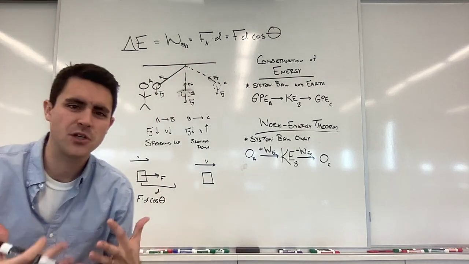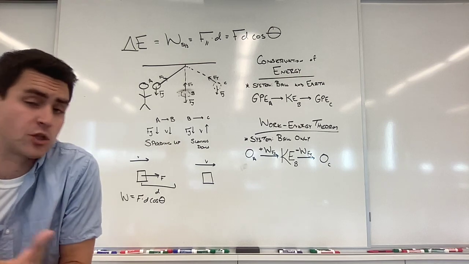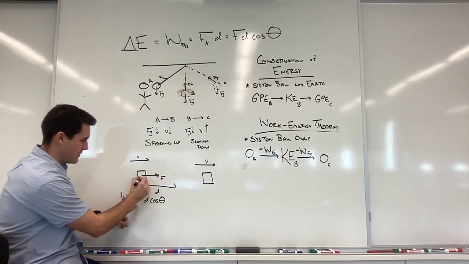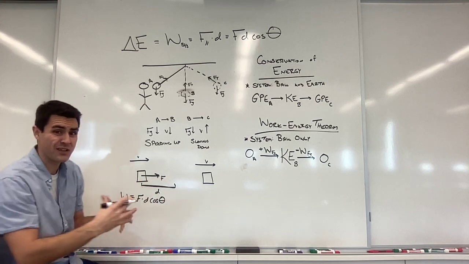I'm trying to figure out how much of the force is going to speed the object up or change the energy. Well, what is the angle between F and d? Here's my force. Here's my distance. The angle there is 0.